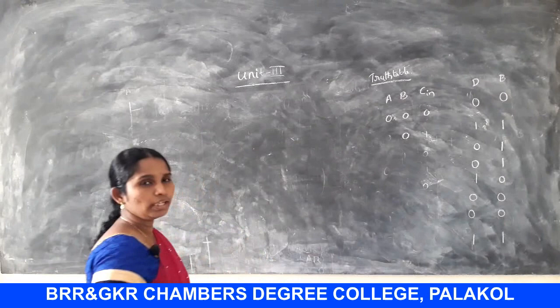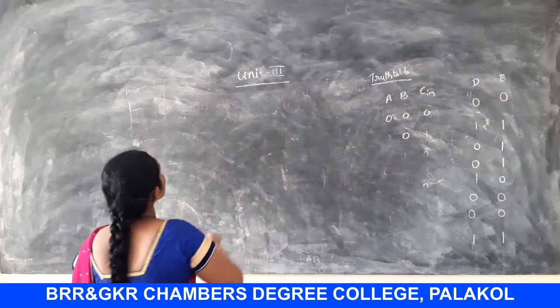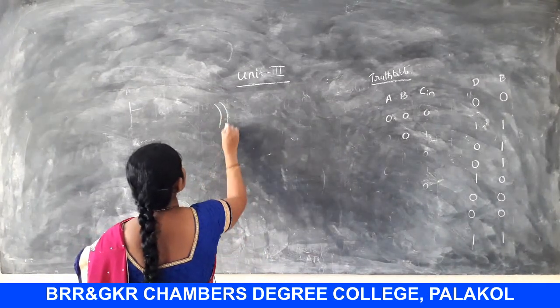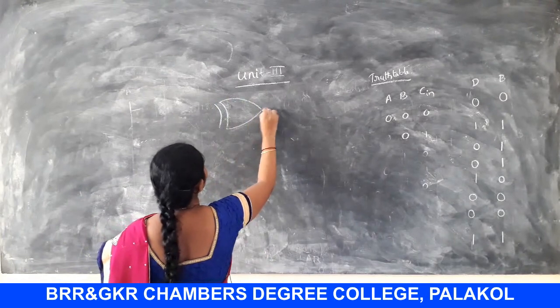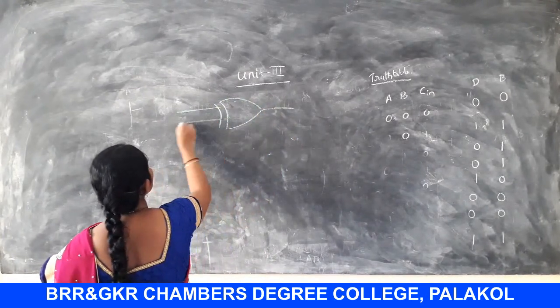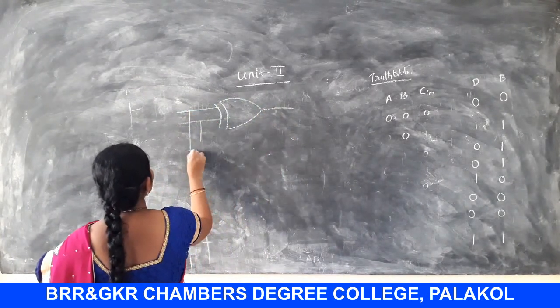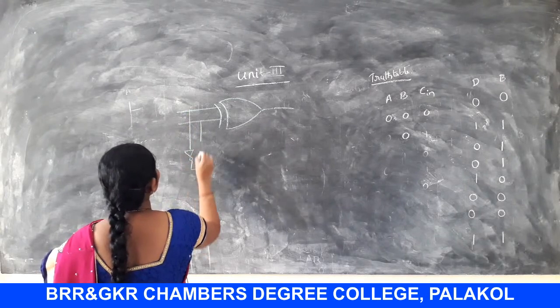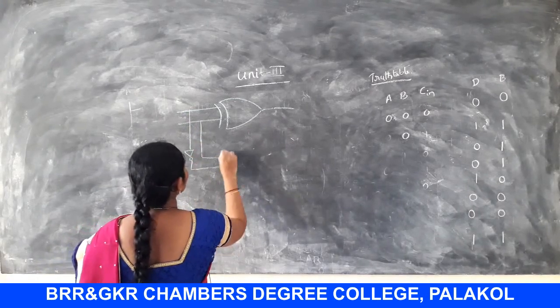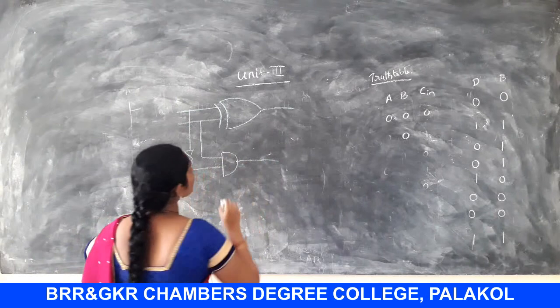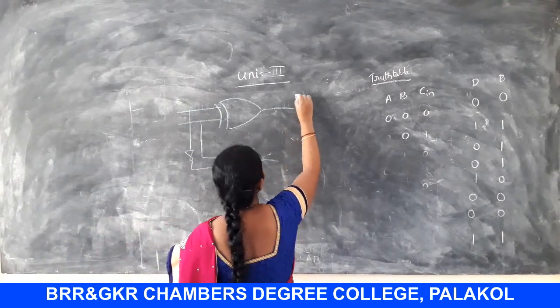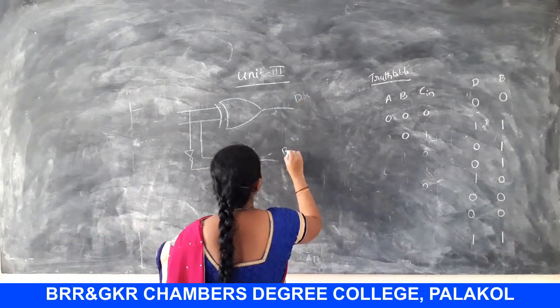So actually the half subtractor diagram is, so here this is the half subtractor diagram. So A, B is there, so it is an A bar B. Okay, so here this is the half subtractor, so here this is the difference and this is the borrow.